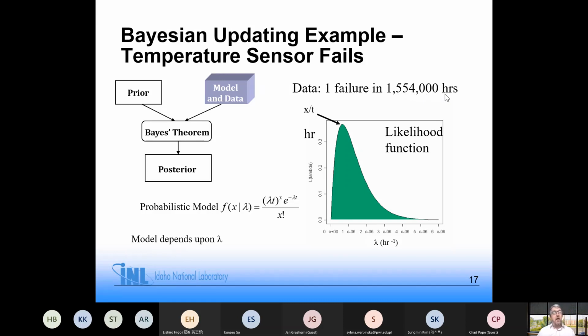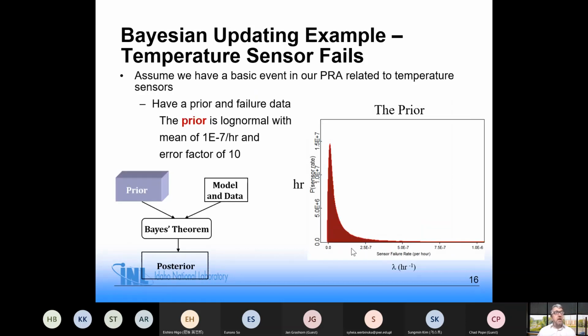So I've run these for a long time, one or the other or both. And out of all of that time, I've only seen one failure. So I would say X equals 1 in terms of this equation. T equals 1,554,000. Lambda in this equation is the same lambda here. The lambda really is represented by this distribution.